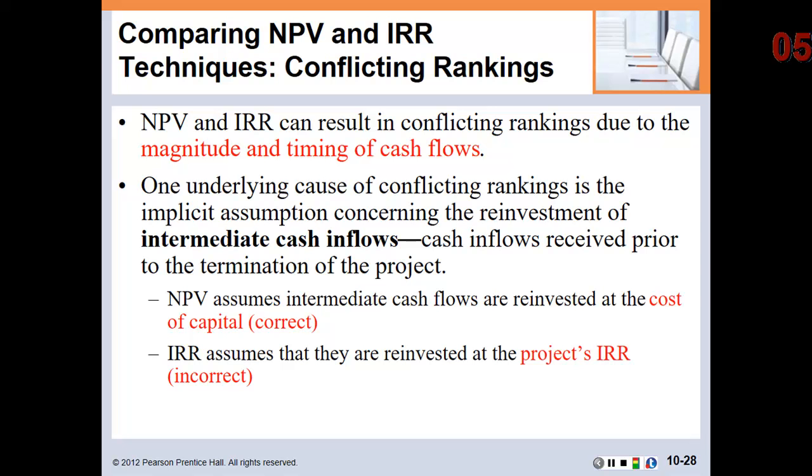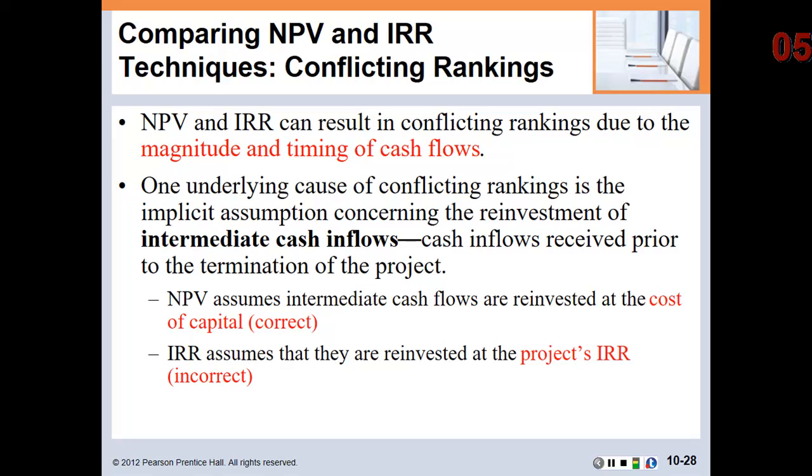Now, if you go back and take a look at Project A and Project B, Project A had the $42,000 cash outflow, and then, if my memory is correct, $14,000 per year for 5 years in cash inflows. Project B had $45,000 flowing out for the initial investment.